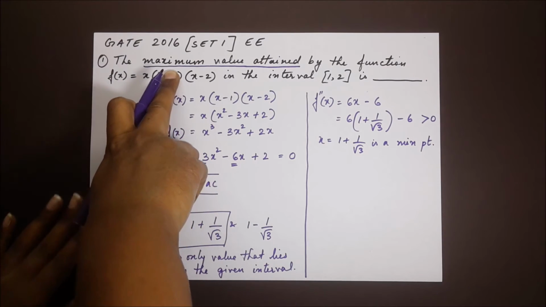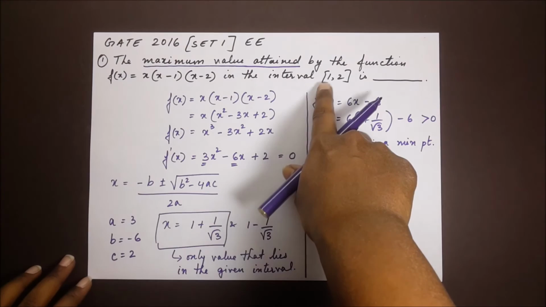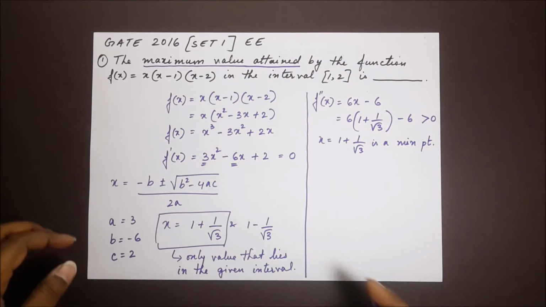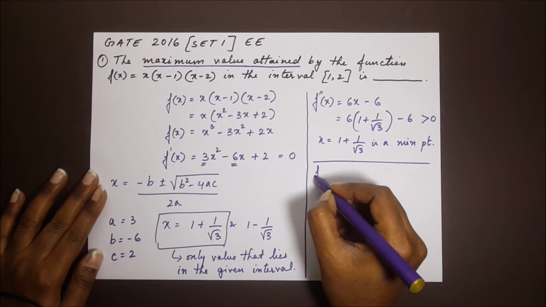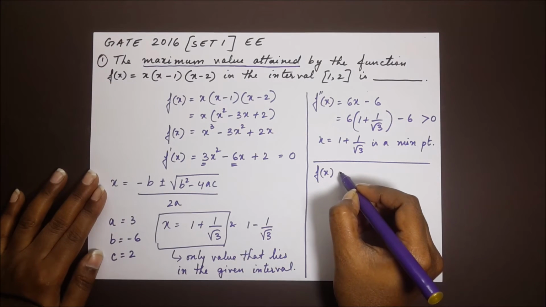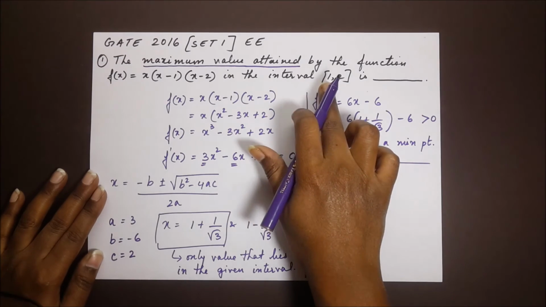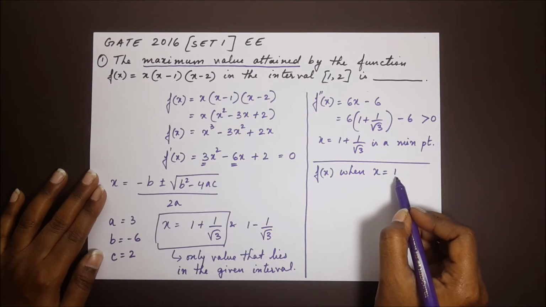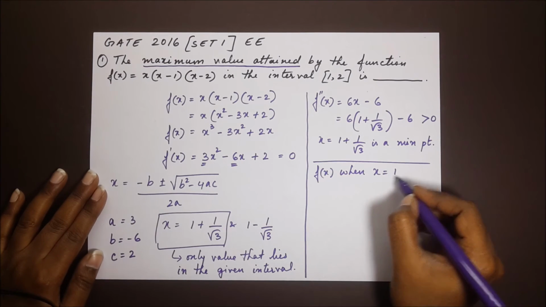But we have been asked to find the maximum. So this tells us that the maximum would be attained at the end values of the interval. Now the interval is 1, 2. So let's substitute that in f of x. So we find what is f of x when x equals 1. We're finding the endpoints there. So when x equals 1, you will notice that f of x is obviously 0.